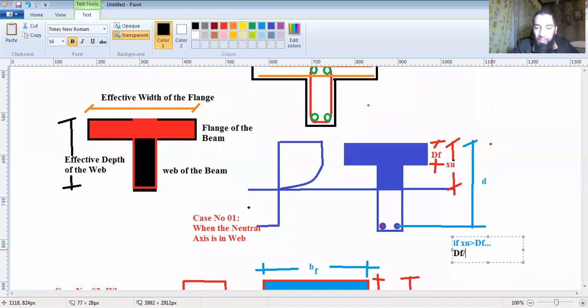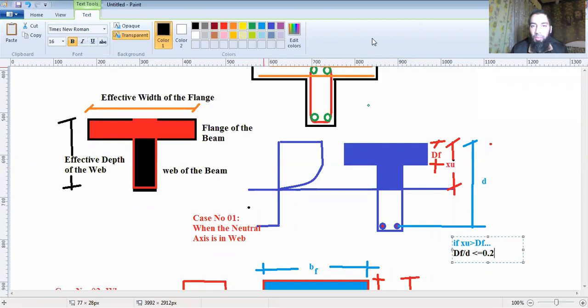Df by d: the code mentions Df by d does not exceed 0.2, that is, less than or equal to 0.2. The ratio of Df by d, that is, Df is 20% of effective depth d.